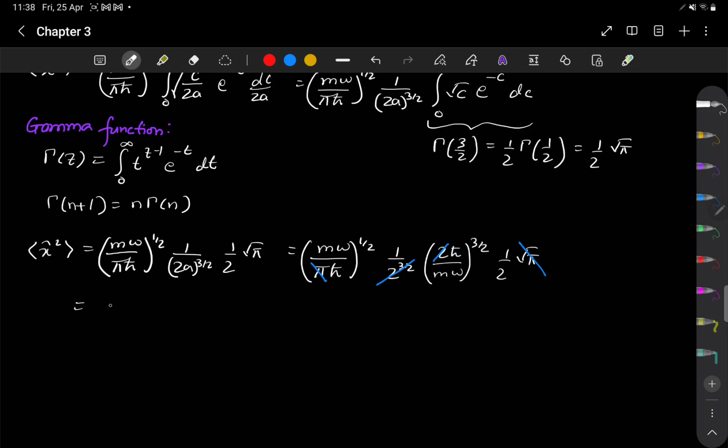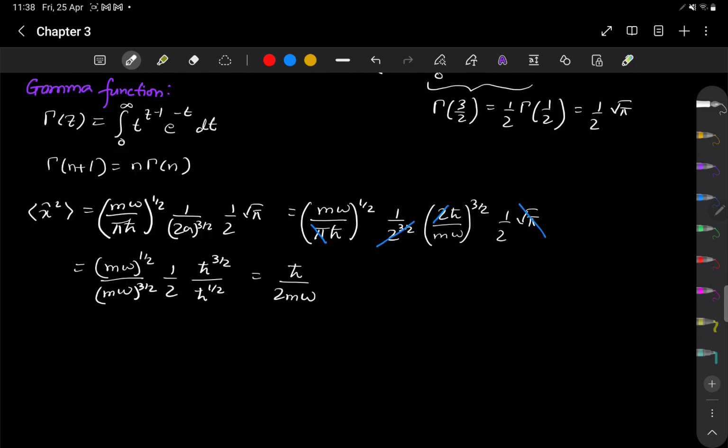Then what we are left with is m omega to the power 1/2 over m omega to the power 3/2, and there is h cross to the power 3/2 over h cross to the power 1/2. So this gives me h cross over 2m omega. That's the expectation of the x squared operator.